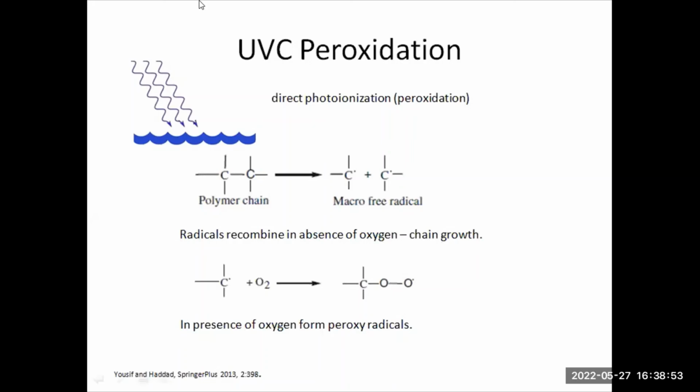Okay, so as I mentioned, if we have carbon dioxide in water and we have ultraviolet light, we can produce these radicals. And these radicals can come together and form larger chains. That is the case if we have no oxygen, which apparently was the case at the beginning of life.